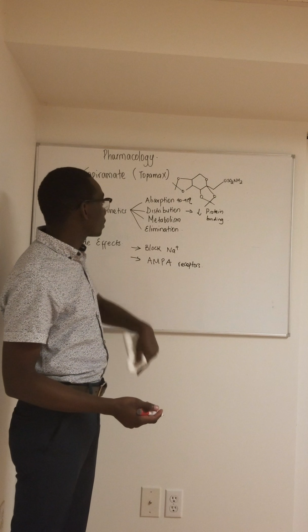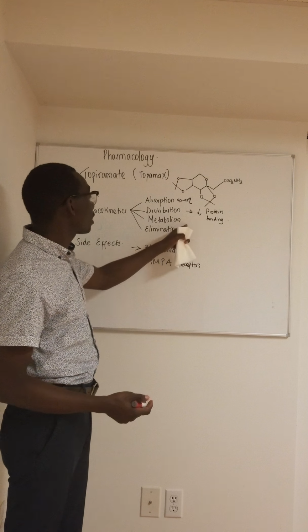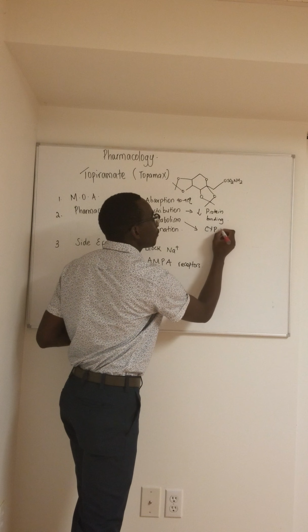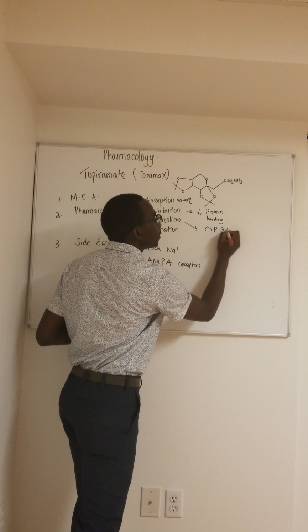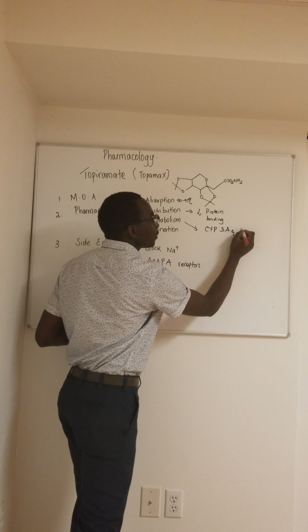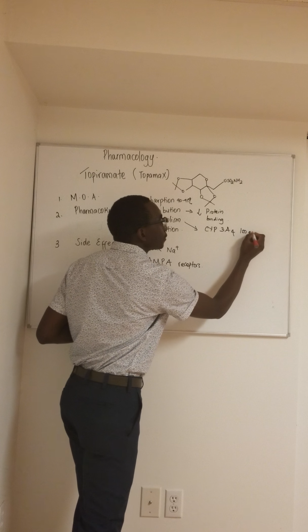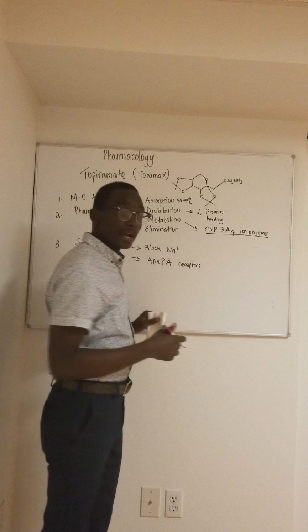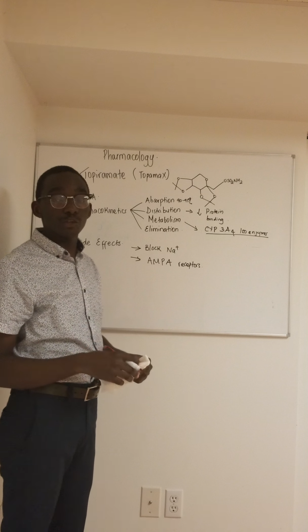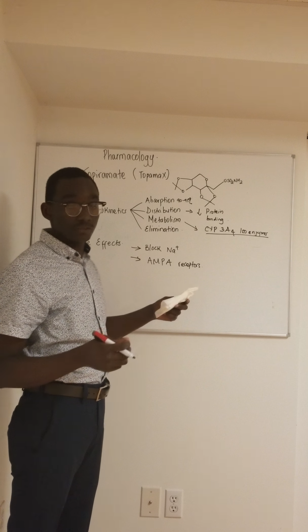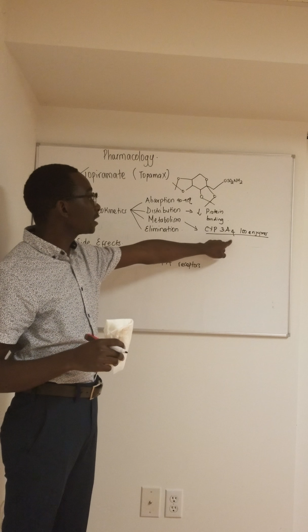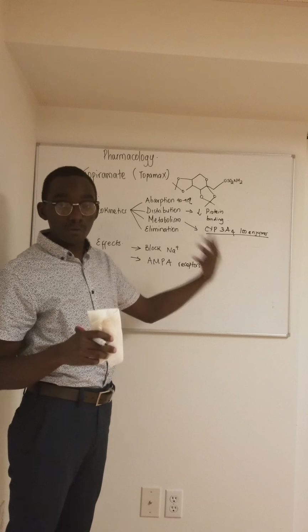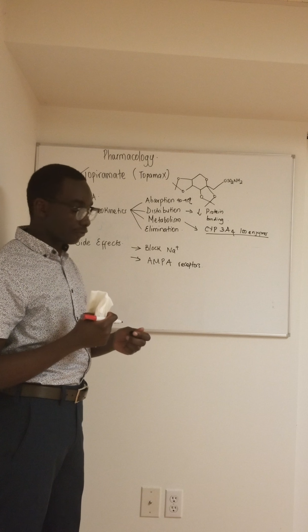Moving to metabolism, this drug is metabolized in the liver by the cytochrome P450 3A4 isoenzymes. These isoenzymes are so common, as if you've been following my YouTube tutorials about the anti-seizure drugs, this is the prime isoenzyme that metabolizes most of the anti-seizure drugs I've discussed.